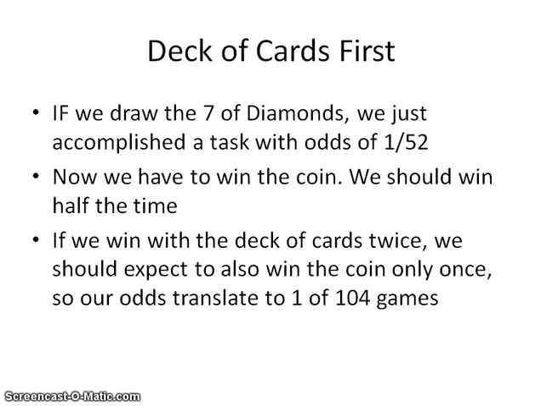So let's say of the 52 cards that we've pulled over, first card is a seven of diamonds, awesome, we won. So we flip the coin, and maybe we got unlucky, it landed on tails, or maybe it did land on heads. So what our real odds translate to is, out of every 104 games, we should win roughly once. And the reason I chose 104 is because it's 52 cards.